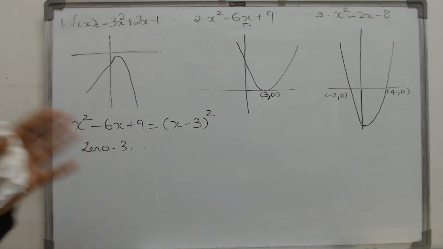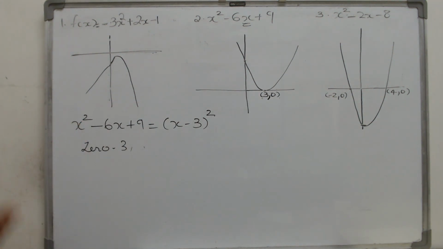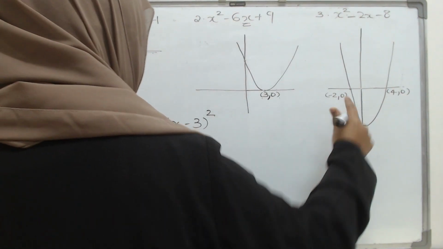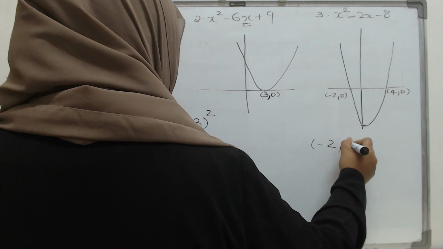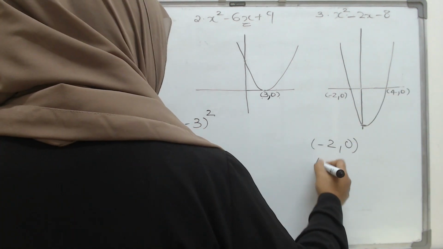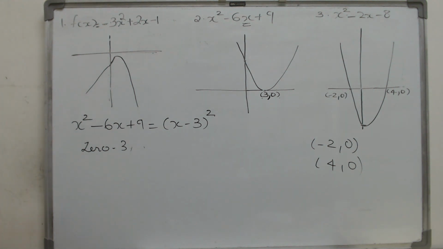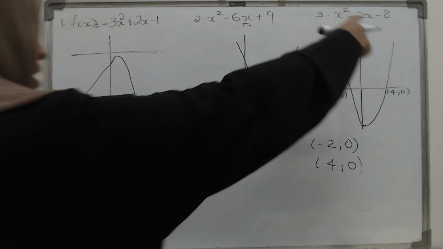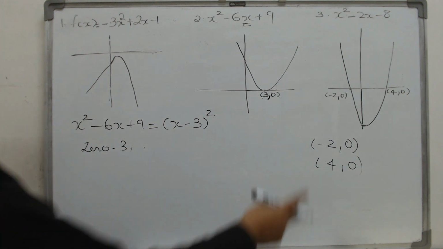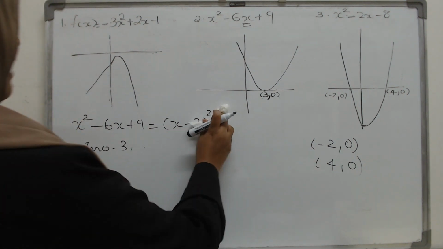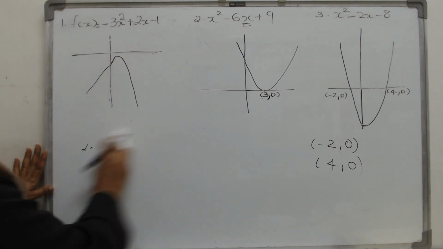Now, we go on to the next question. What do you see? You see that the parabola touches it in two places. One place is (-2, 0), and the other place you can see is (4, 0). So, just looking at that, you should be able to tell that your polynomial has two roots. One is -2 and the other is 4. But then you don't have to believe me. You can try it out yourself.